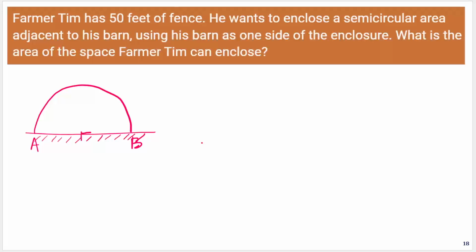So let's suppose the radius of that circle is r. Basically, we have half of the circumference, which is 2 pi r, is 50. This gives us the length of r, right? Well, this gives us r equals 50 over pi.